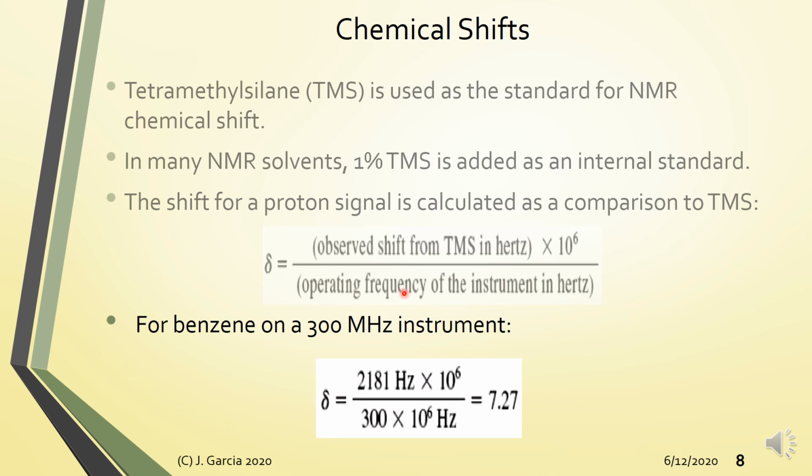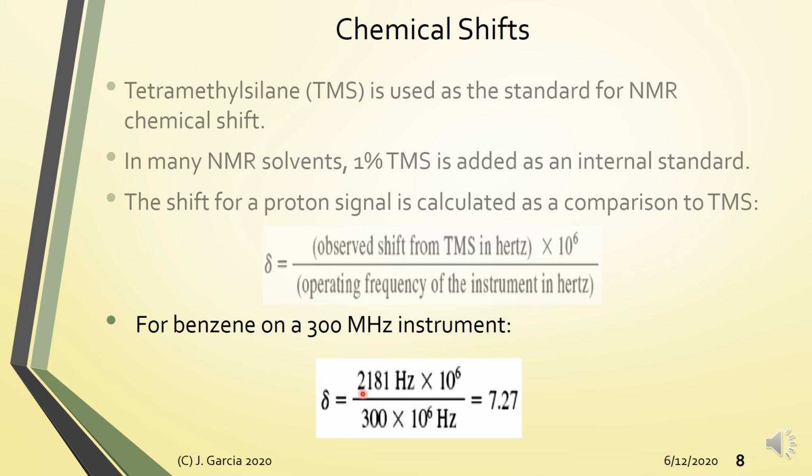Alright, so an example of computing the chemical shift. For example, for benzene, using a 300 megahertz instrument. A particular signal for benzene was found to be 2181 hertz away from the signal of your trimethylsilane.